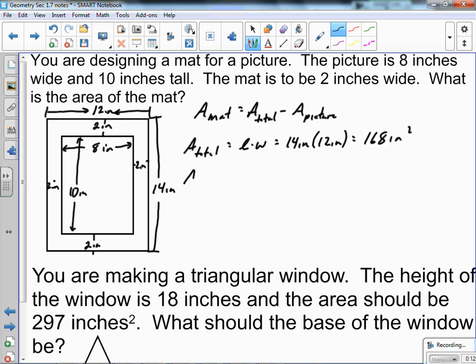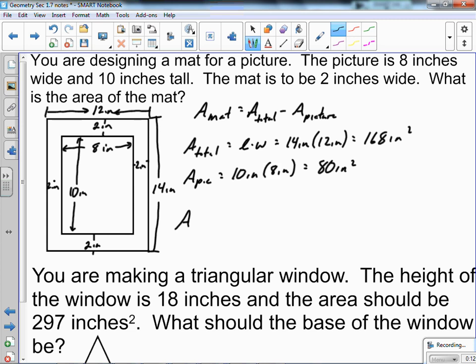And then the area of the picture is just the picture measurements, length times width, so 10 inches times 8 inches, 80 inches squared.